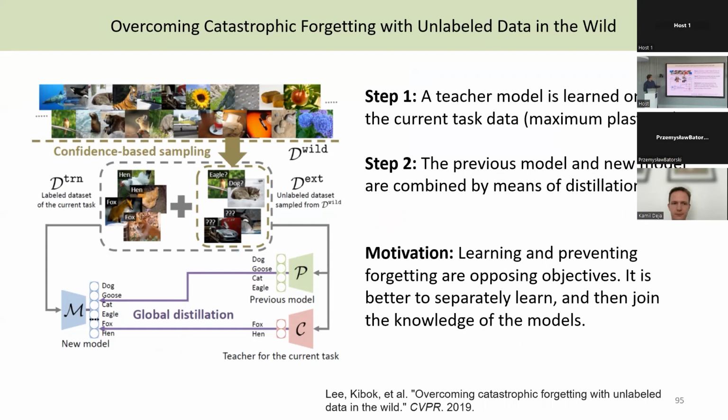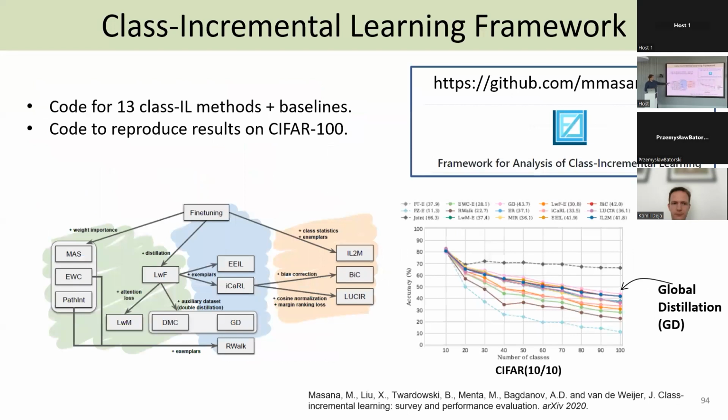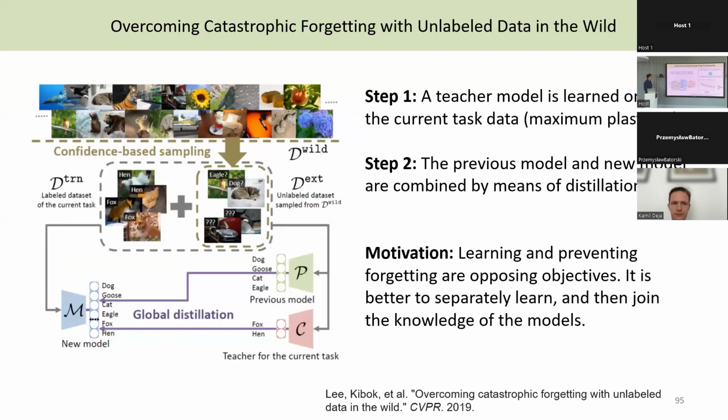In this paper, they propose to use external data to do this distillation. But in this comparison, we only use data from the exemplars, and it also works pretty well. So it was the best method in the comparison.